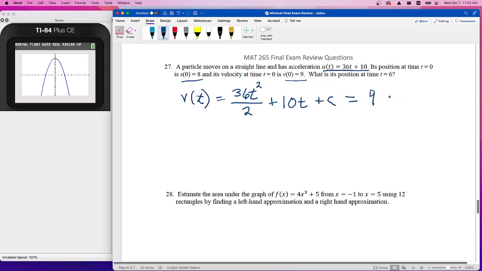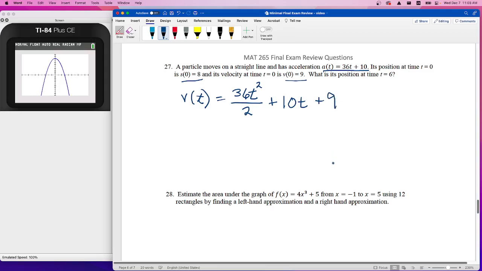So this is v of 0. If t is 0, this is 0. T is 0, this is 0. So you get 0 plus c. So you get that c equals 9. Again, we just take a shortcut and not write a bunch of stuff out. I'm just going to get rid of all of this.